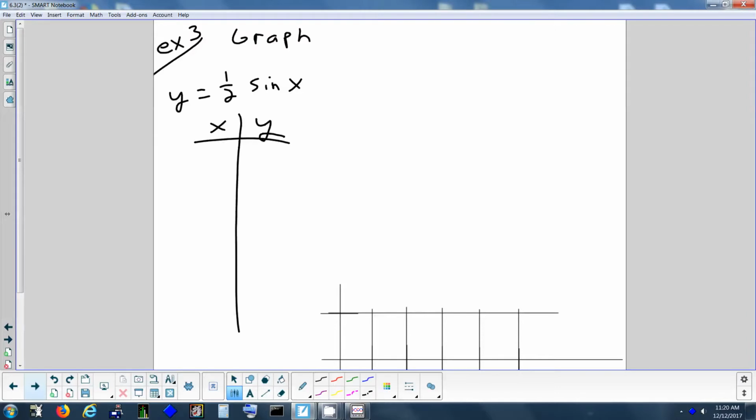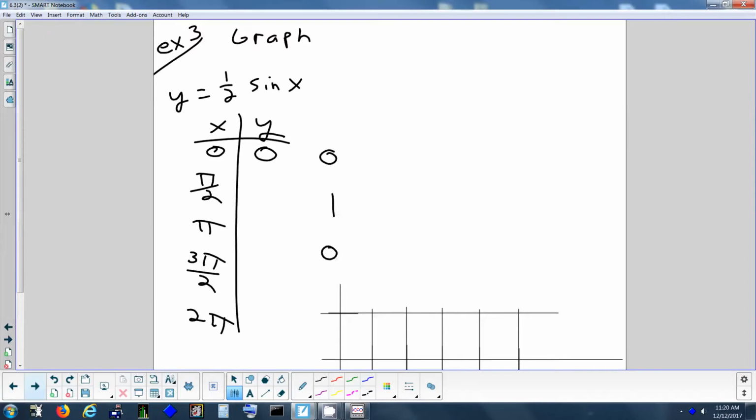What stays the same? Yep, can you tell me what they are, Curtis? Yeah, 0, pi over 2, pi, 3 pi over 2, 2 pi. And now we're going to take the original y's for sine and take half of them. Well, I'm not going to write them because I'm running out of space.